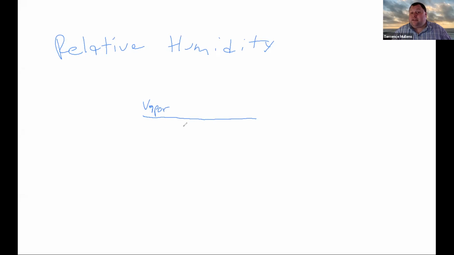What was another term we used for water vapor content? Vapor pressure, yes. And then it was a ratio of vapor pressure to what? Saturation vapor pressure. Yes, saturation vapor pressure.